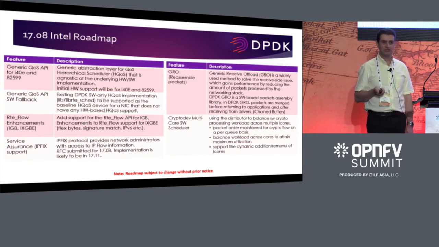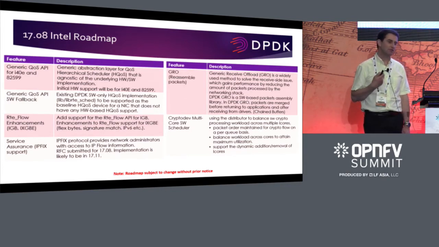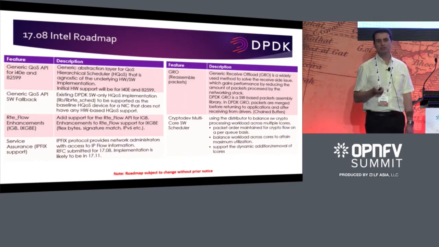Relating again to service assurance, one of the requirements that we've been looking at is to implement IPFIX, the flow information export. So that's exporting flow-based information and flow-based data. We have an RFC that's been posted on the developers mailing list, and there's been some discussion about the right way to implement that.